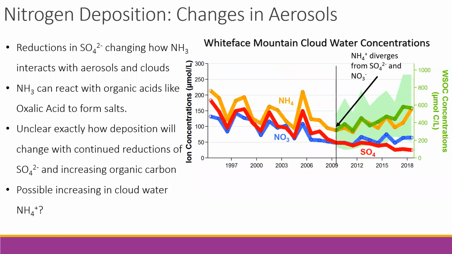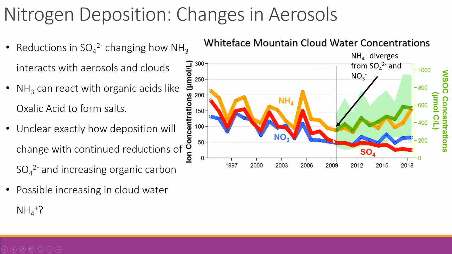And in addition to its dangers, nitrogen deposition could be changing, largely due to changes in the aerosol. Reductions in sulfate are changing how ammonia can interact with aerosols and cloud water. As I showed before, aerosols were generally thought in the past, when acid rain was a much bigger problem, to be mostly ammonium sulfate. And in early years when the restrictions were being put into place, ammonium largely followed the same trends as sulfate and nitrate.